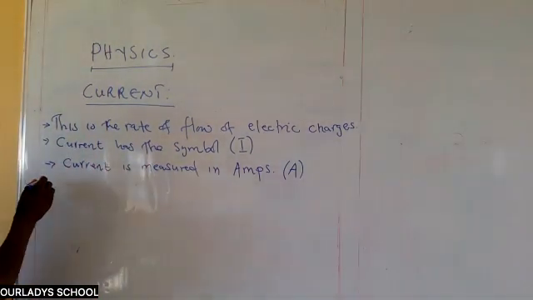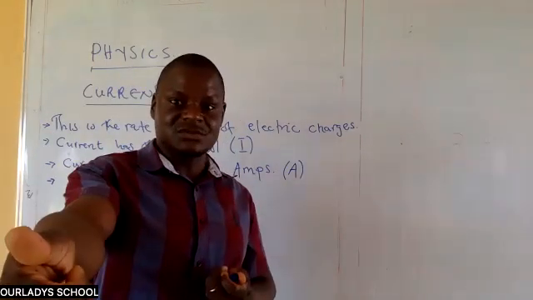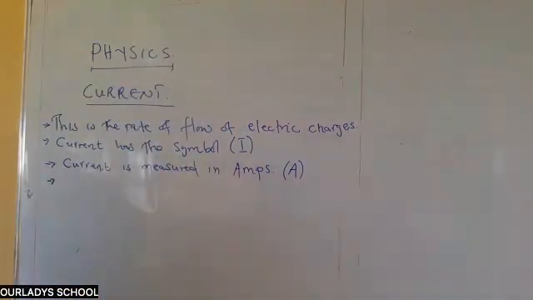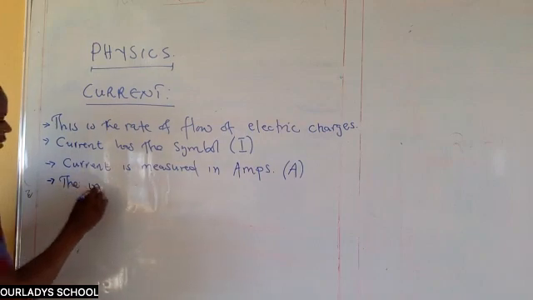Then this current, because it is something that we can measure, there must be an instrument that is used to measure it.